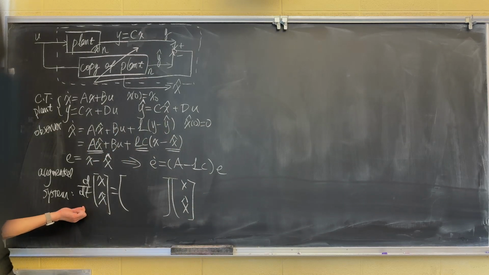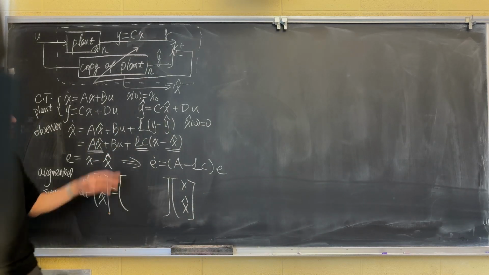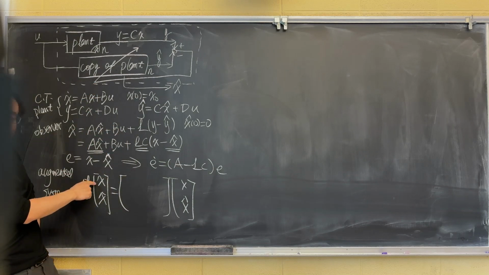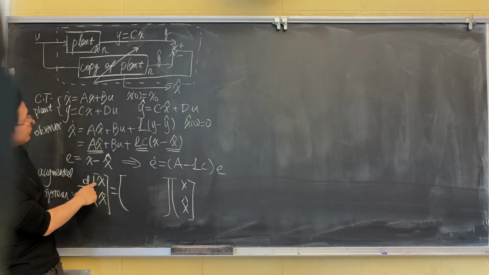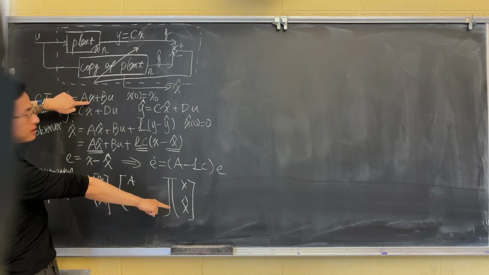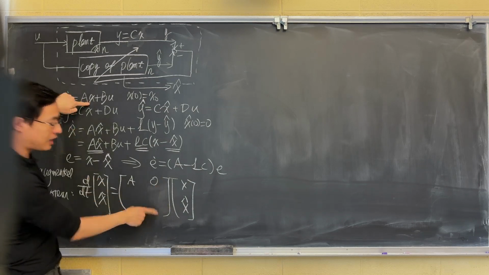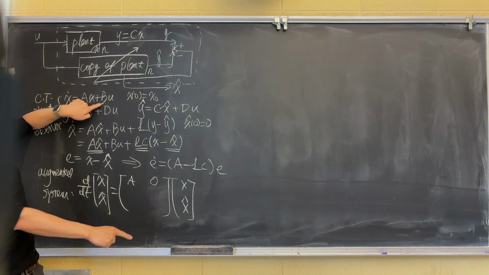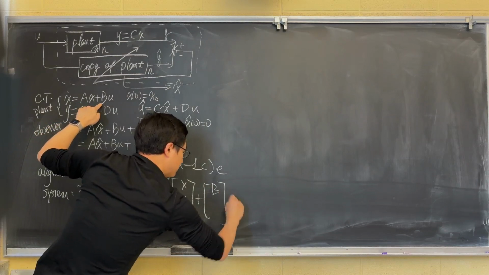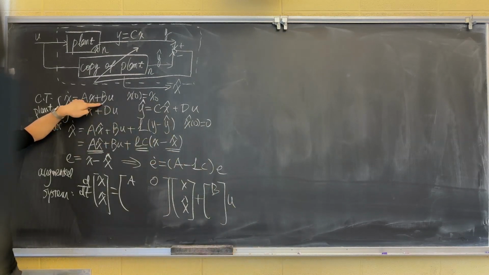Just combine these together: x dot equals A times x, it doesn't depend on x hat, so it's 0 times x hat, plus B times u.